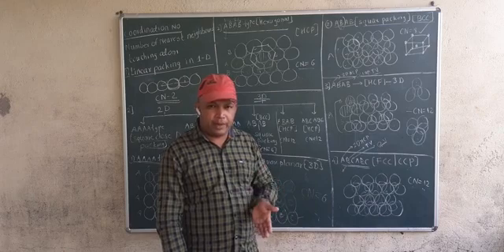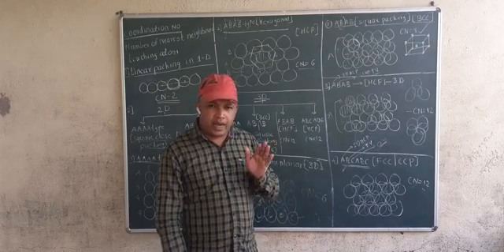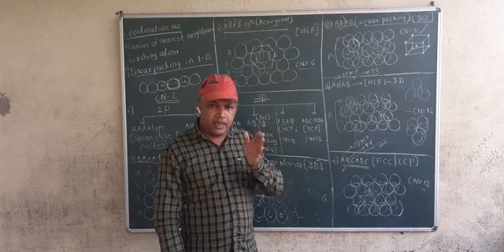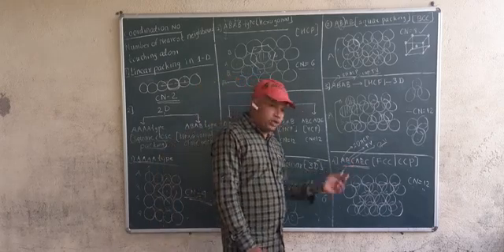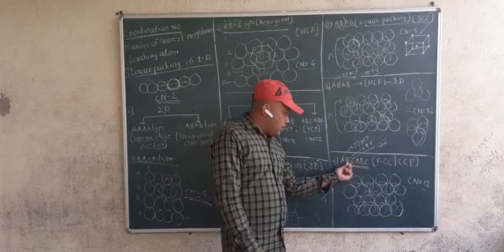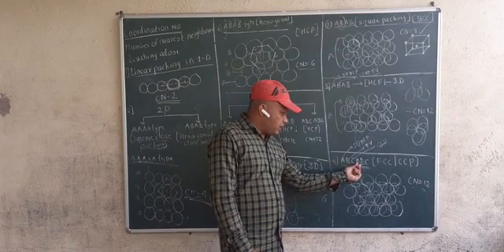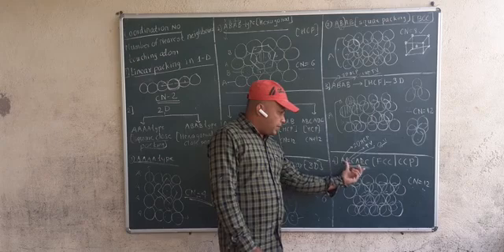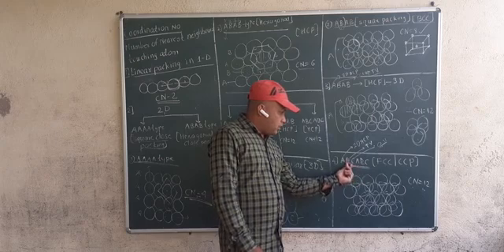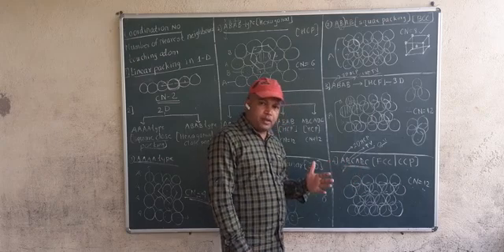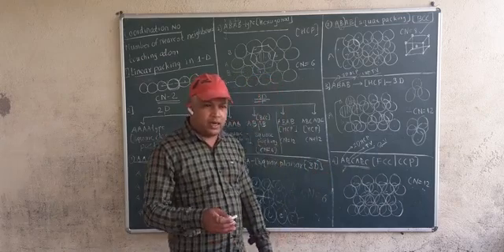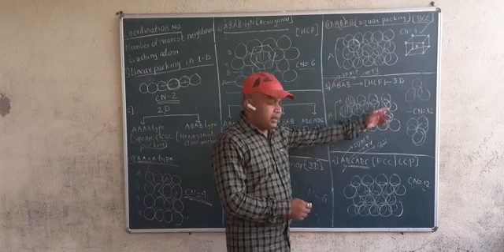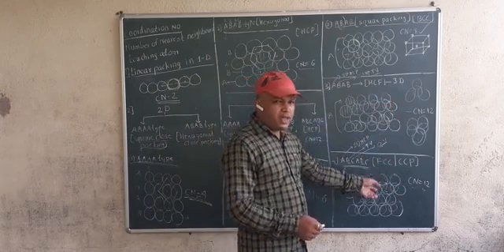A is different than B, B is different than C. Again the fourth layer, again A, B, C, A, B, C. First and fourth is same. Second and fifth is same. So first layer, second layer and third layer all are different, and in both the cases coordination number is 12.